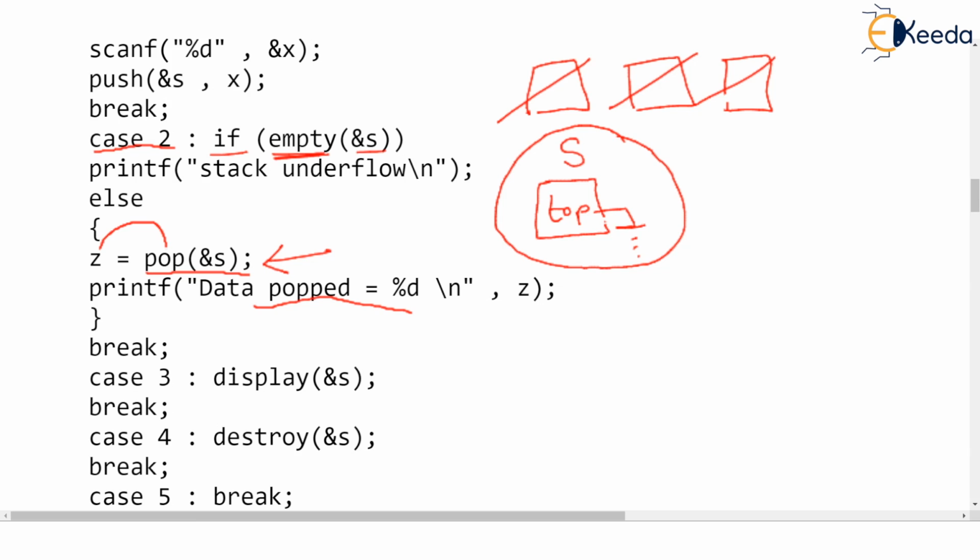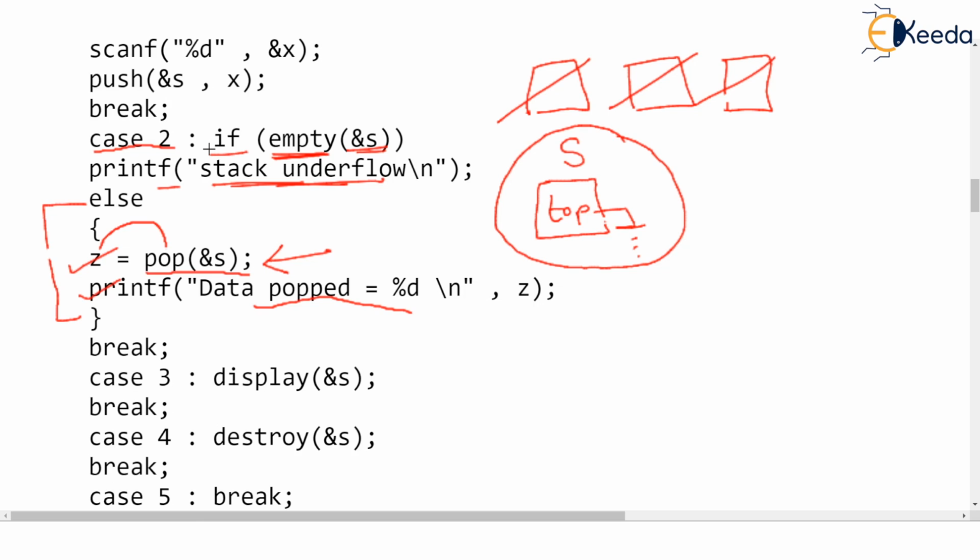But if empty stack, then print there is nothing to pop. The stack has underflown, correct? But if this condition is false, that means if the stack is not empty, only then go to else and call the pop operation and then print the value that has been returned.